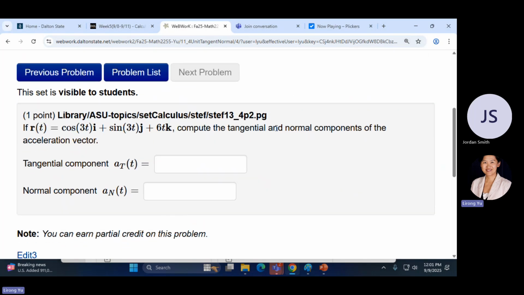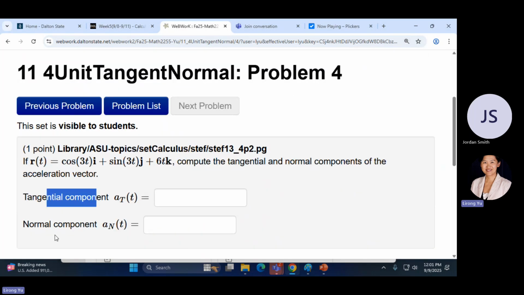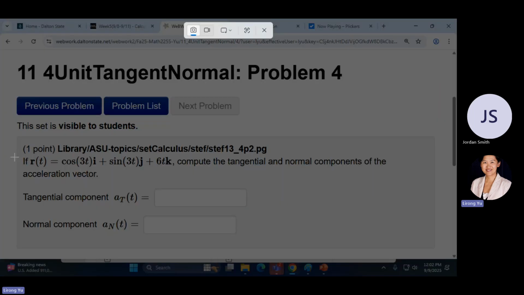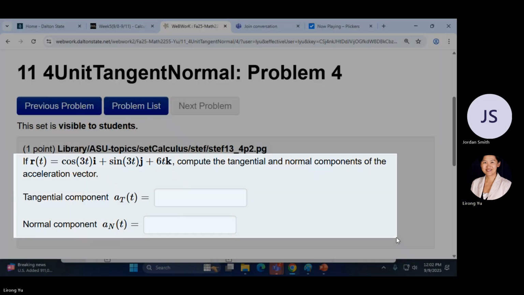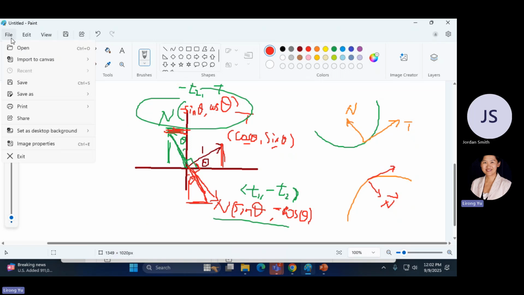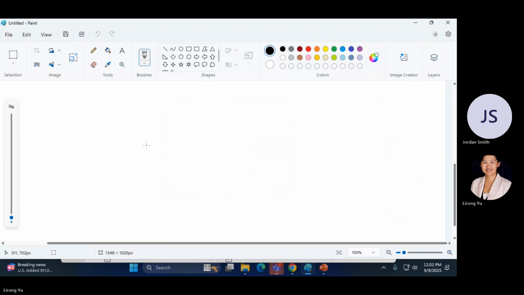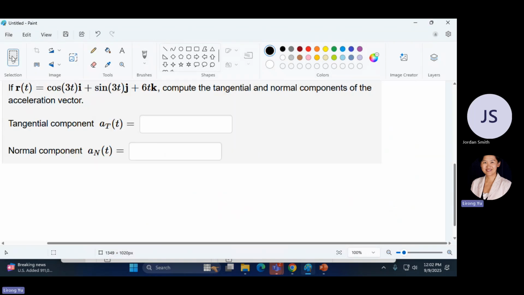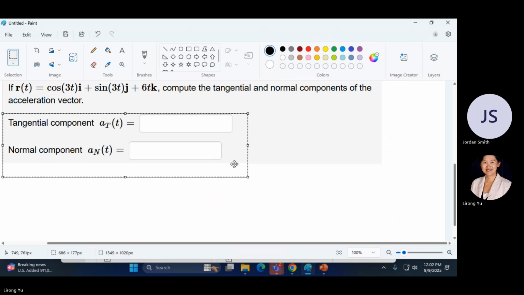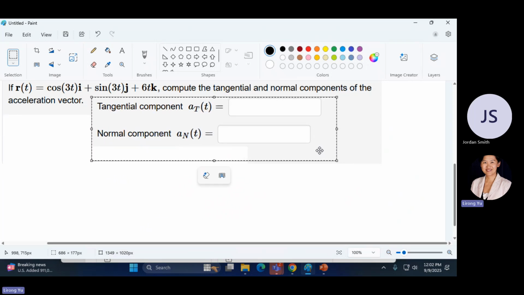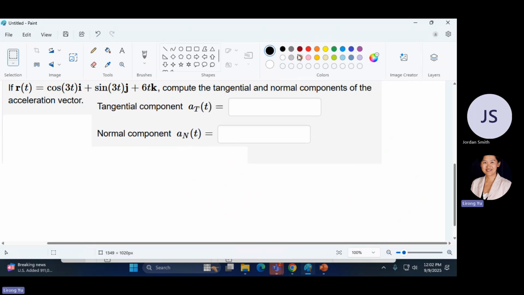The question is on calculating the tangent component and normal component of the acceleration, so the magnitude of the acceleration for either component. Because it is a spiral, we shouldn't have too much difficulty in determining its derivative and the tangent vector.